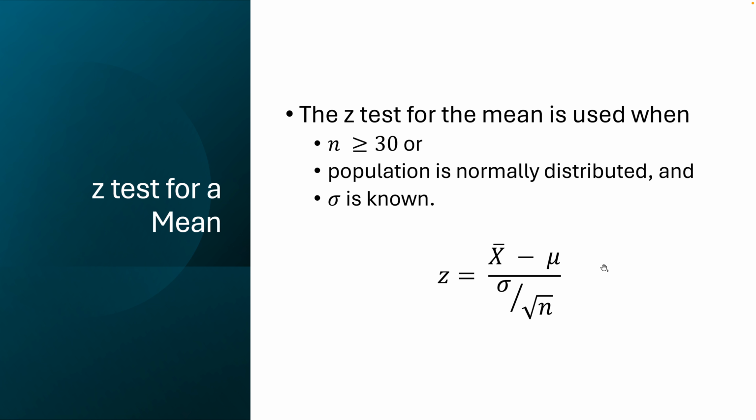The z value is determined by the sample mean minus the proposed or the conjectured population mean divided by sigma by root n. So this we determine from the sampling data, and we also determine it theoretically, which captures our confidence level equivalent area in the standard normal curve.